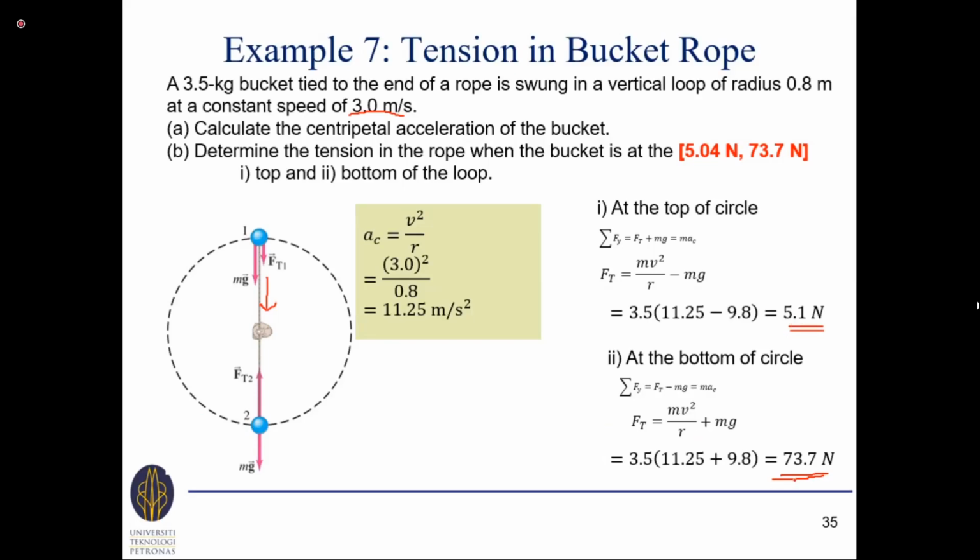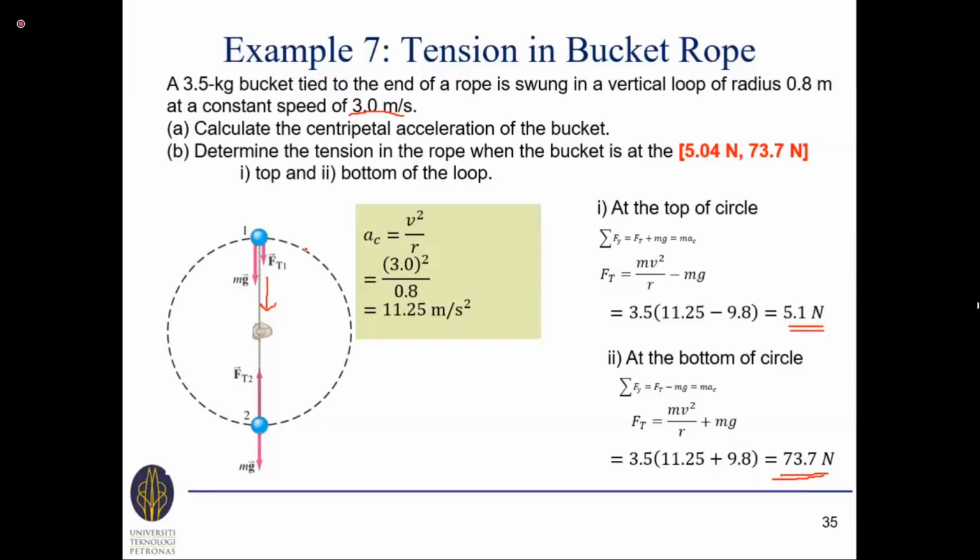So if, when you are making the circular motion, this rope is going to break, it will most likely happen at the bottom part of the circular motion, because at this point the tension is greater than at the top.